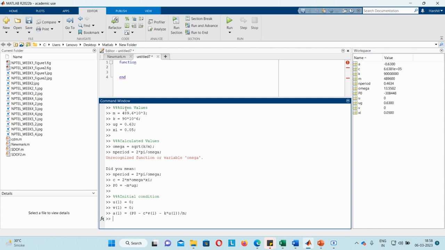These are the initial conditions, and we also forgot we need to define the time parameters.